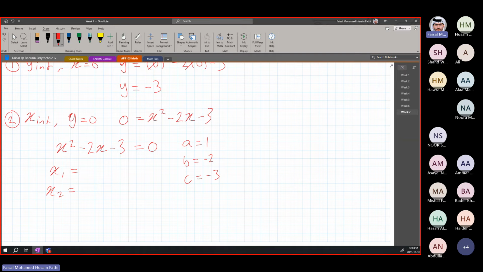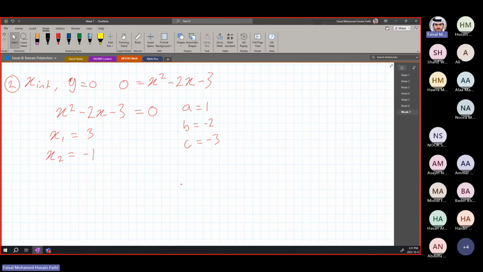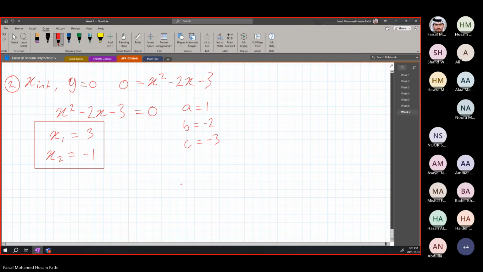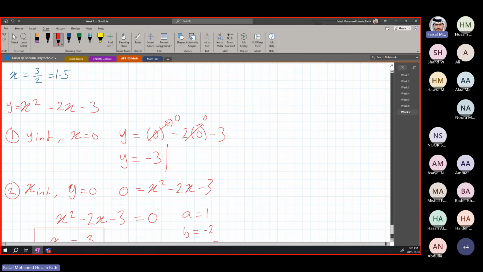By using mode 5.3, A is 1, B is minus 2, and C is minus 3. x1 comes out equal to 3, x2 comes out equal to minus 1. Easy so far, there are no new concepts. We got our x-intercepts, and this is our y-intercept.